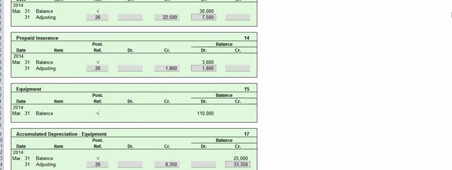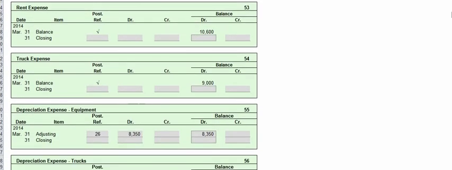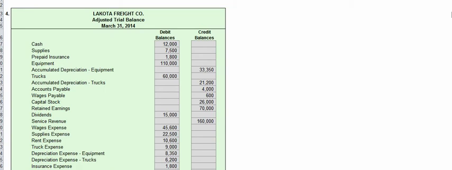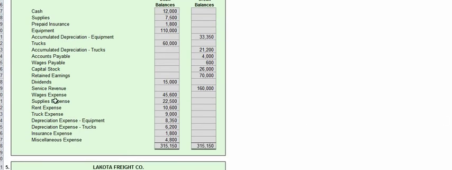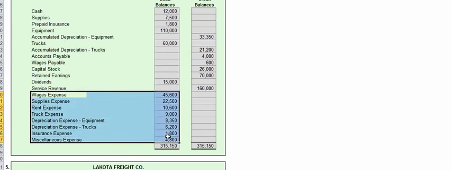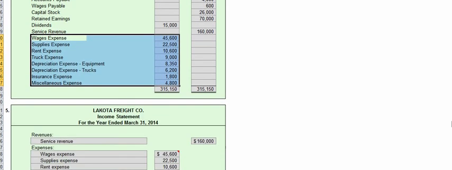Okay, let's continue on. With the second closing entry, we want to close out expense accounts. Well, notice they all have debit balances. If we want to make their balance 0, we'd have to credit each expense account for the amount of its balance. The debit side of that entry is again to income summary.